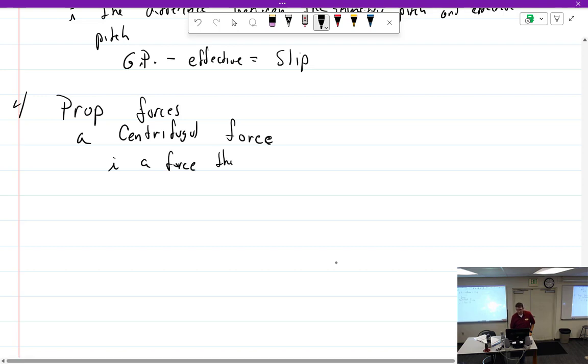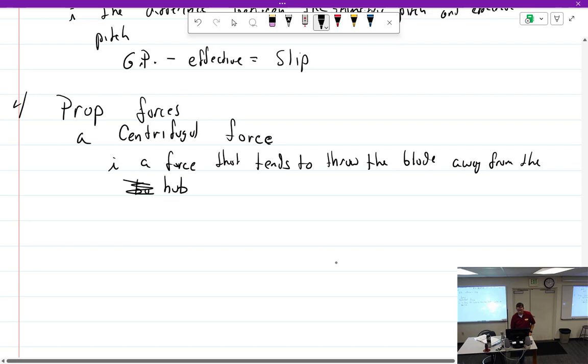So the centrifugal force is a force that tends to throw the blade away from the hub.